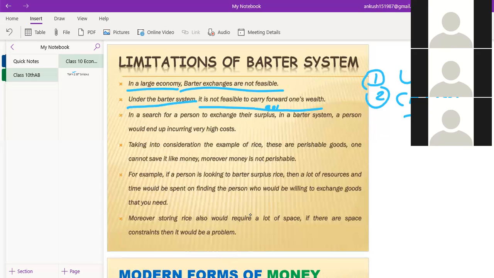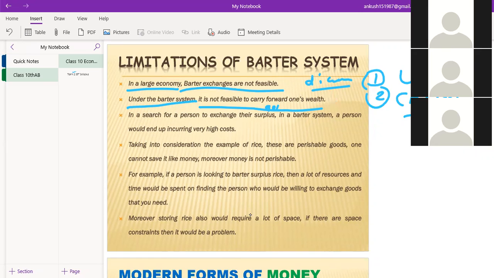Suppose they want to exchange it, so whose loss is there? The person who is exchanging diamond would be at a loss, isn't it? So that is also not increasing the wealth of a person. Barter system only exchanges things and it would not support the economic growth of that particular person.